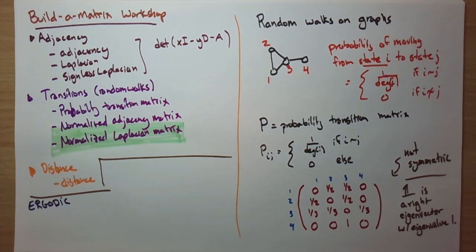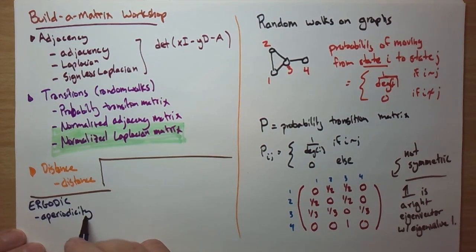Ergodic theory is the theory of mixing. One thing you need is aperiodicity. It's a very long word, but you don't want all your periods to have a common divisor. Now, aperiodicity for us, if we're dealing with simple graphs, what does that turn into? Yeah, not bipartite.